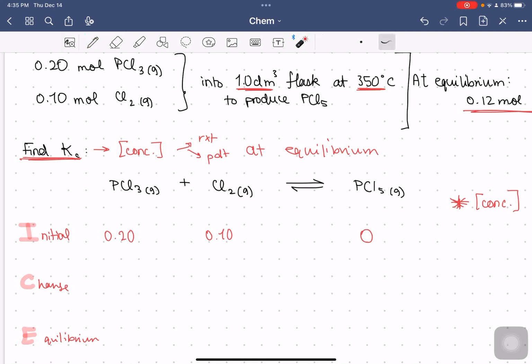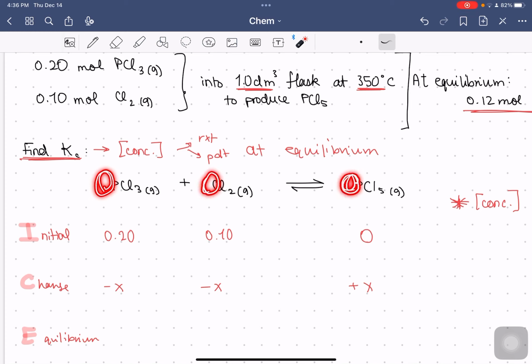Change is when we're looking to see if the products are being formed or if the reactants are being formed. So we know that we're starting with 0 product whatsoever. So I'm going to say that we're going to be losing reactants to form products. And we have to adjust this based on our equation. So over here we have no coefficients.